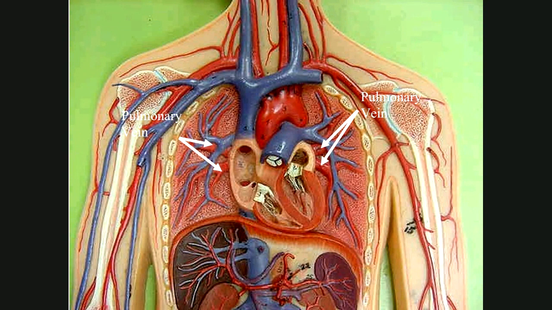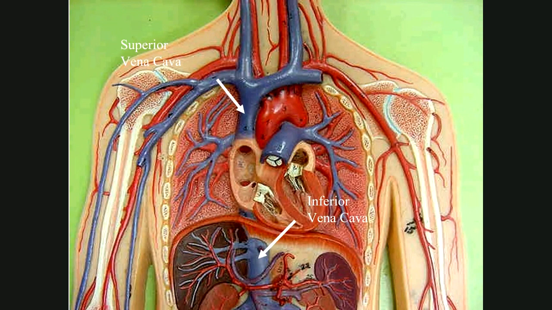We also have veins bringing blood back from the lungs. And the word for lung, remember, is pulmonary. So there are 4 pulmonary veins, 2 on each side. So there's this one coming back from the left lung and this one coming back from the right lung. They're going to empty into this left atrium. So there are 4 pulmonary veins.